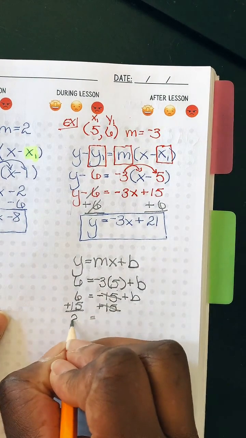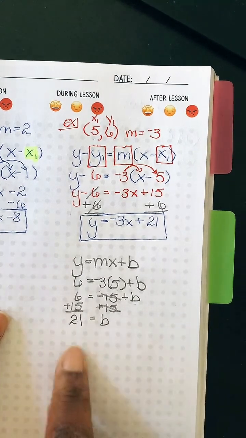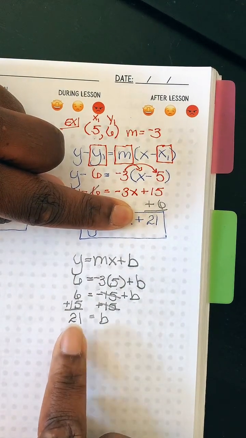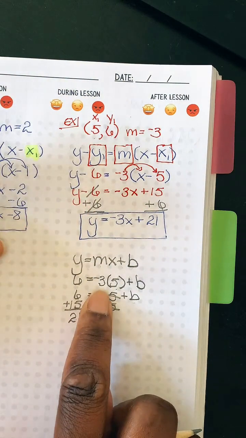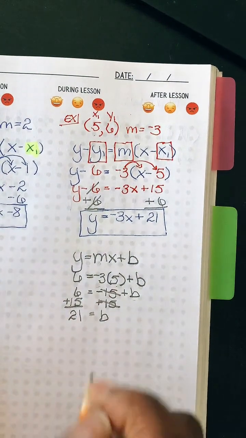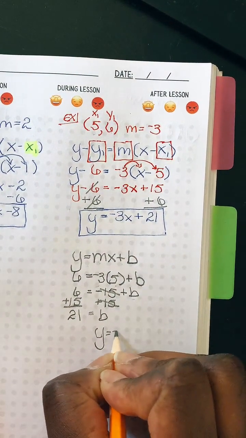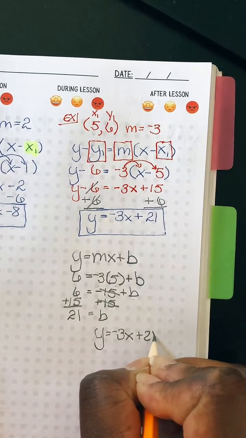That gives me my 21. And it brings down my b. Constant is 21. Slope is negative 3. So from here, you can say, all right, my equation of line is y equals negative 3x plus 21.